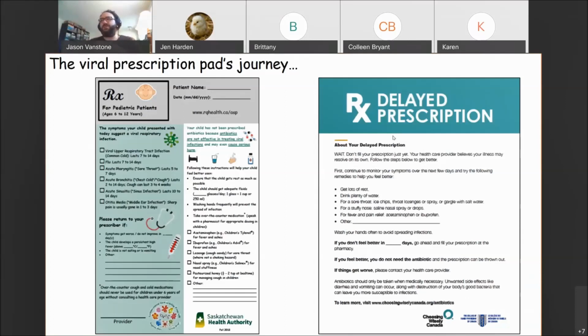This gives you an option to say, okay, here, I don't think you need an antibiotic. I think this is probably viral and will go away on its own. If you haven't started feeling better in the next few days, then you can go and fill your prescription. So again, this has been shown to be useful for helping to reduce the number of antibiotics being prescribed for likely viral illnesses.